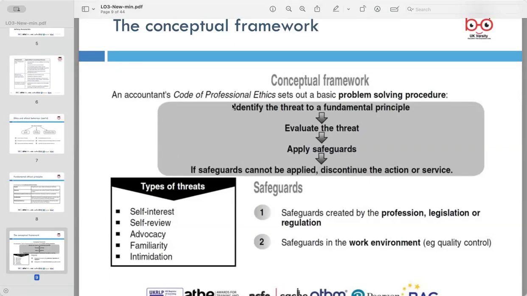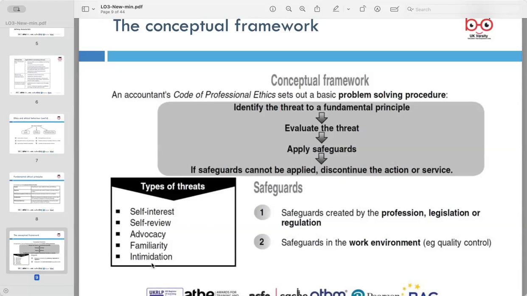So, various types of threats may compromise ethical behavior, including self-interest, self-review, advocacy, familiarity, and intimidation. Safeguards are created either by the profession, legislation, or regulations, or within the work environment through quality control measures.